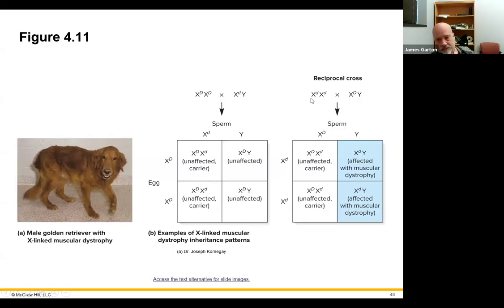And do it backwards. Affected female, unaffected male. And you get 50% females that are unaffected, but are all carriers. And you get all the males have muscular dystrophy, because they must inherit that X chromosome with the mutation from the mother.